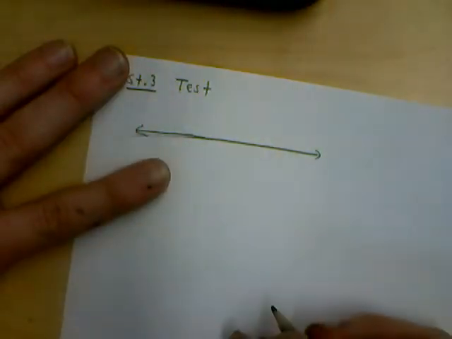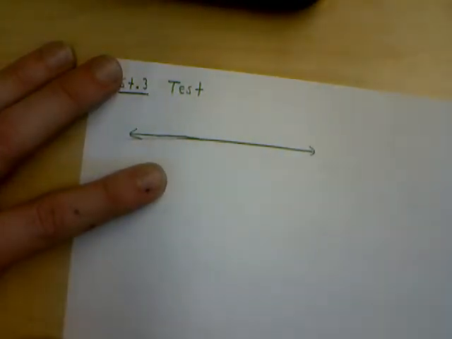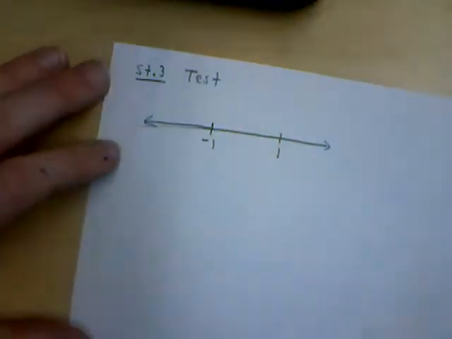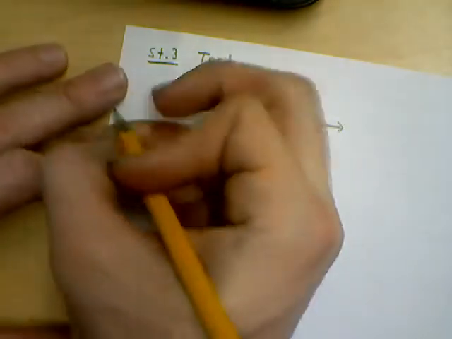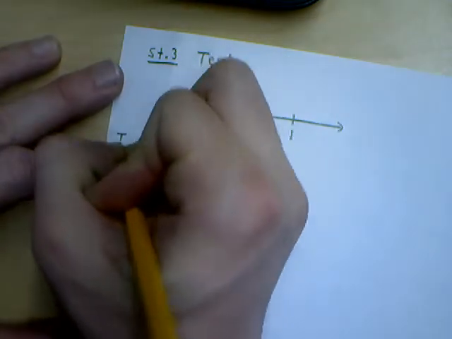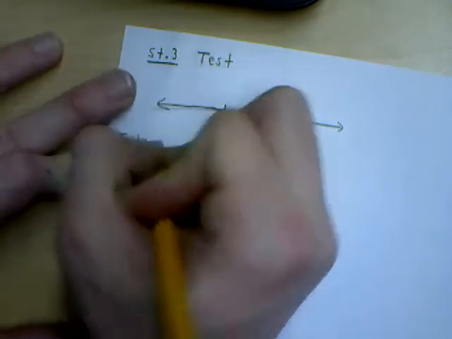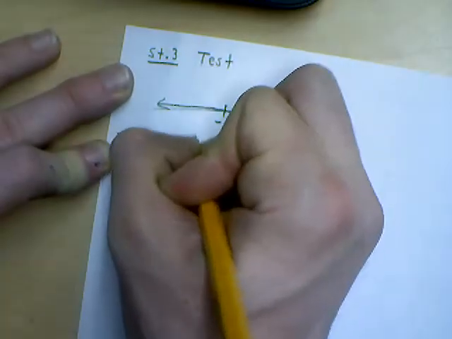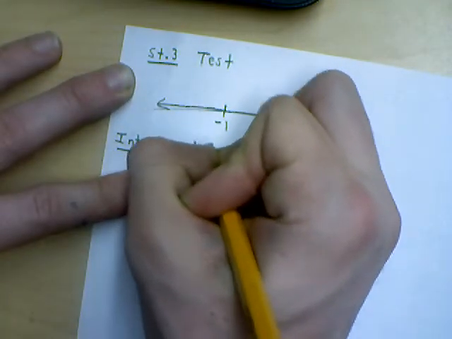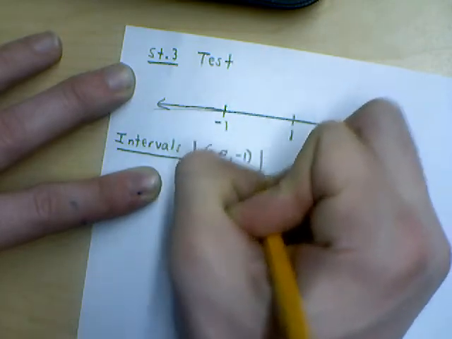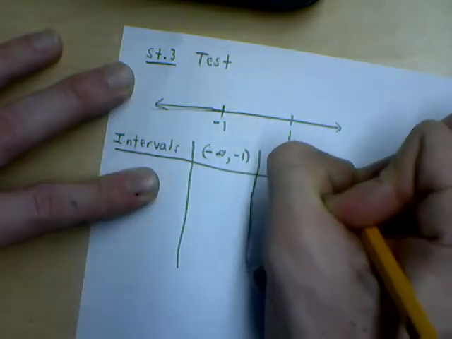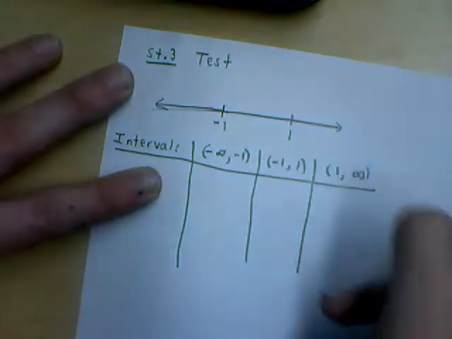My values that gave us a second derivative equaling 0 were negative 1 and 1. Now let's make our intervals. I have negative infinity to negative 1, negative 1 to 1, and 1 to infinity.